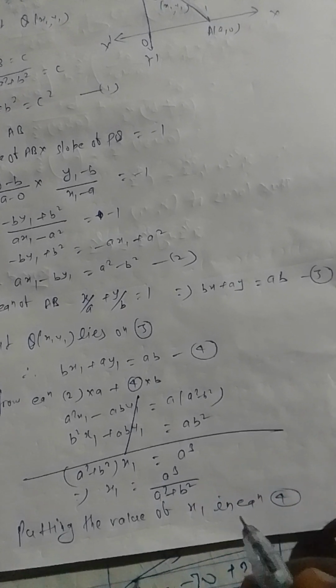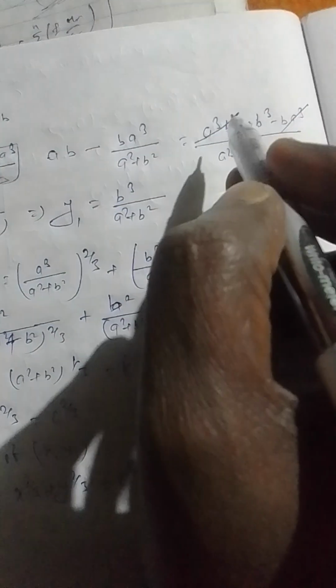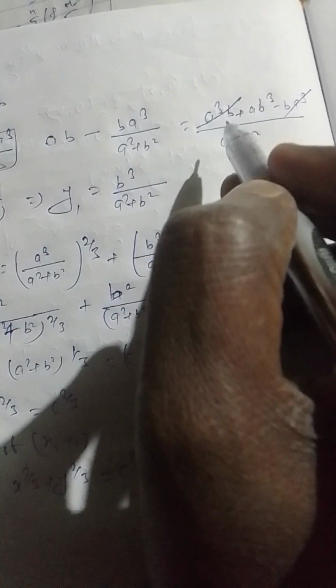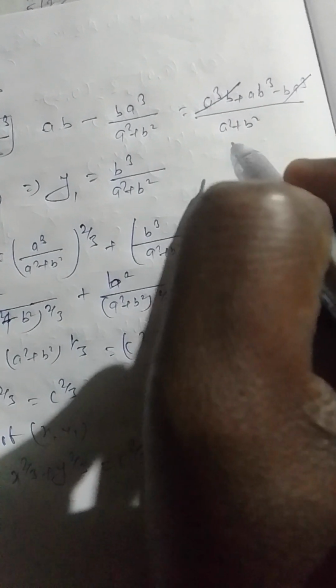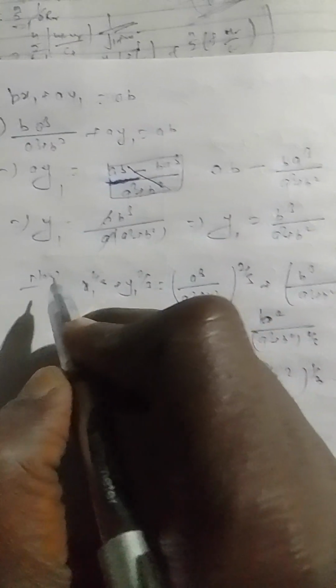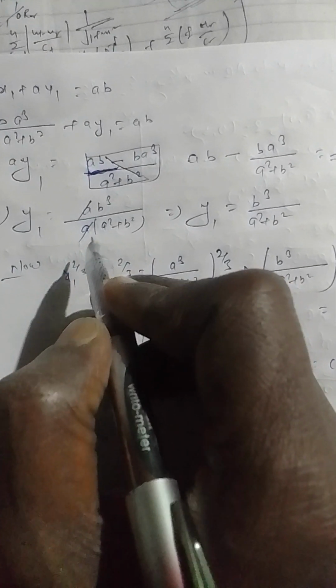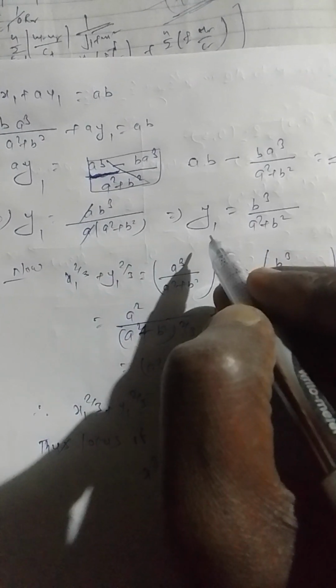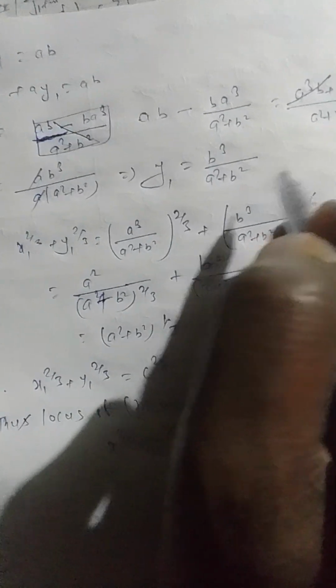Putting the value of x1 in equation 4, b x1 plus a y1 is equal to ab, which implies b into a cube by (a square plus b square) plus a y1 is equal to ab, which implies a y1 is equal to ab minus ba cube by (a square plus b square), is equal to (a cube b plus ab cube minus ba cube) by (a square plus b square), which implies y1 is equal to b cube by (a square plus b square).